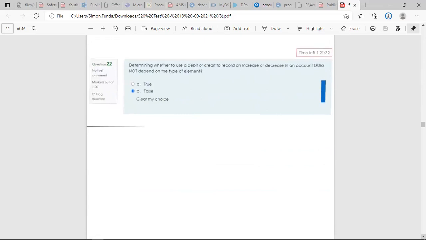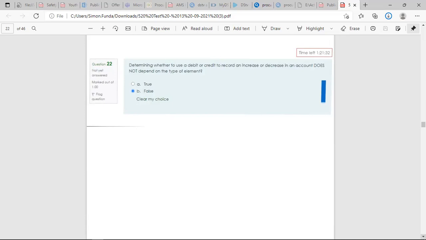And determining whether to use a debit or a credit to record an increase or decrease in an account does not depend on the type of the element.